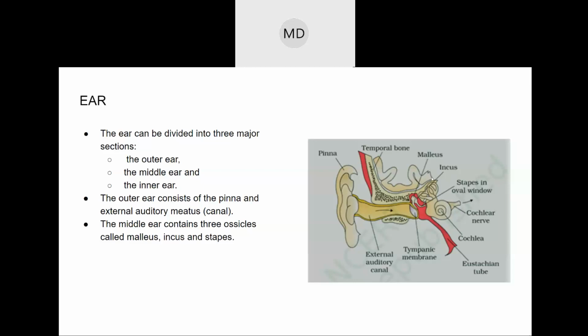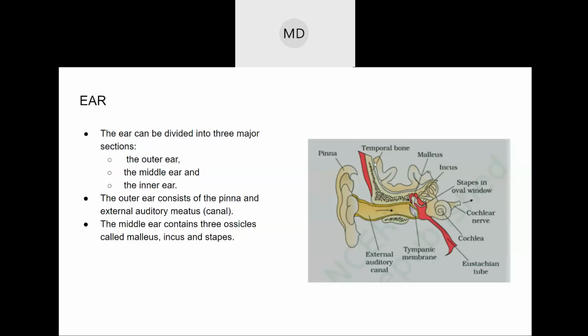For now just remember that, and you just need to draw the labeled diagram. I will not go in depth about the technicalities of how you hear sound. That is not required. You just have to learn to draw this labeled diagram.